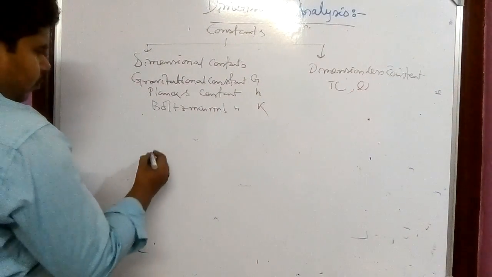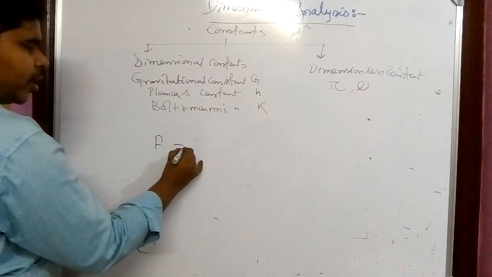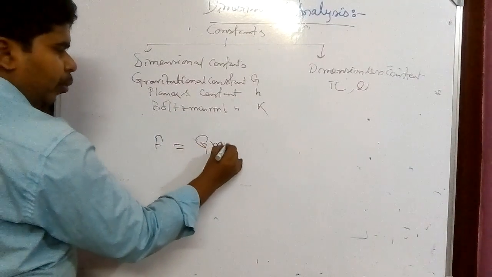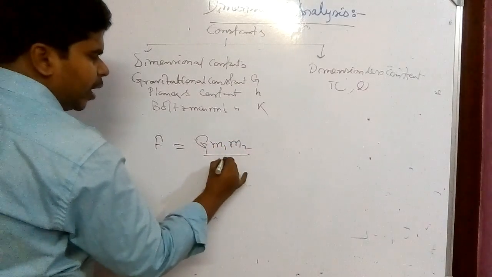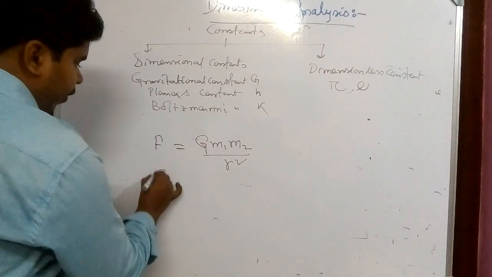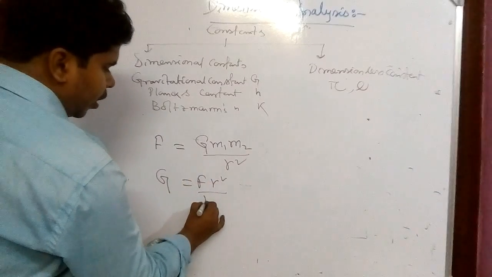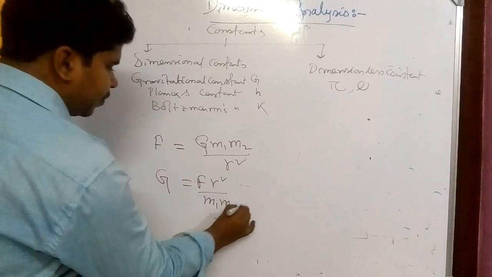Assume I'm talking about the gravitational constant. We know gravitational force F equals G m1 m2 by r square, that we all know, no? Newton's law of gravitation. It's a very common thing. From here, if I find G, it is F r square by m1 into m2.